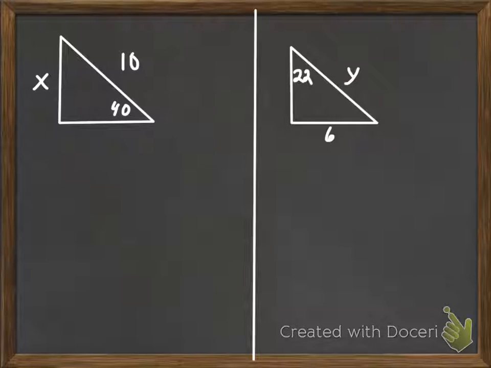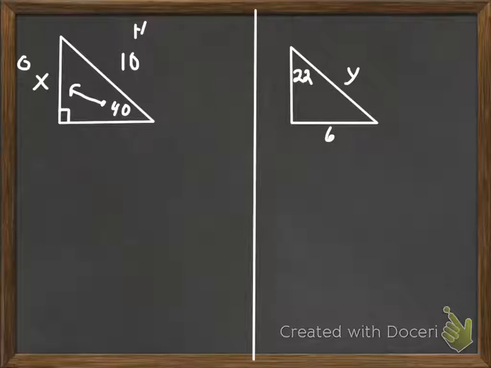So, on the left, right here, we have a right triangle. We have one side that's x, we have the 40-degree angle, and then we have the hypotenuse, which is 10. So what you want to do is identify your angle. Then you want to look and see what sides they give you so you know which to use. So it looks like the x is the opposite, and we know our 10 is the hypotenuse.